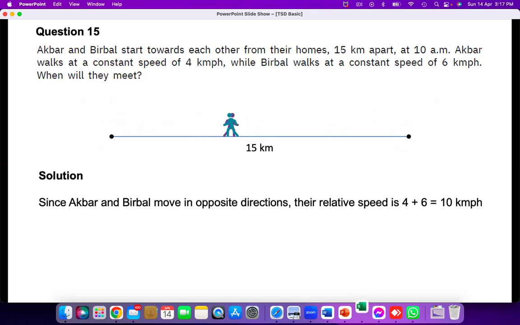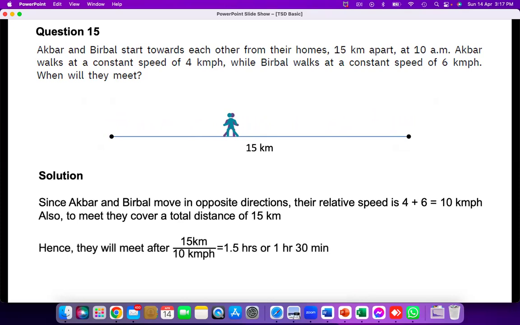Moving in opposite directions, the relative speed is 4 plus 6, 10 kilometer per hour. Also, they cover 15-kilometer distance. It means it is simply 15 by 10 kilometer per hour. How much is that? 1.5 hours or 1 hour 30 minutes. Cool.